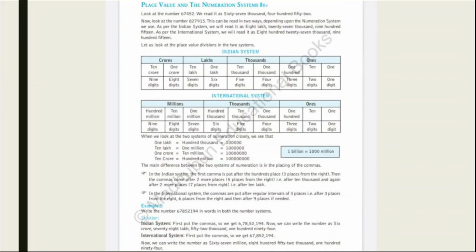In the Indian system the first comma is put after the hundreds place, then the comma comes after every two more places. And in the international system the commas are put at regular intervals of 3 places.